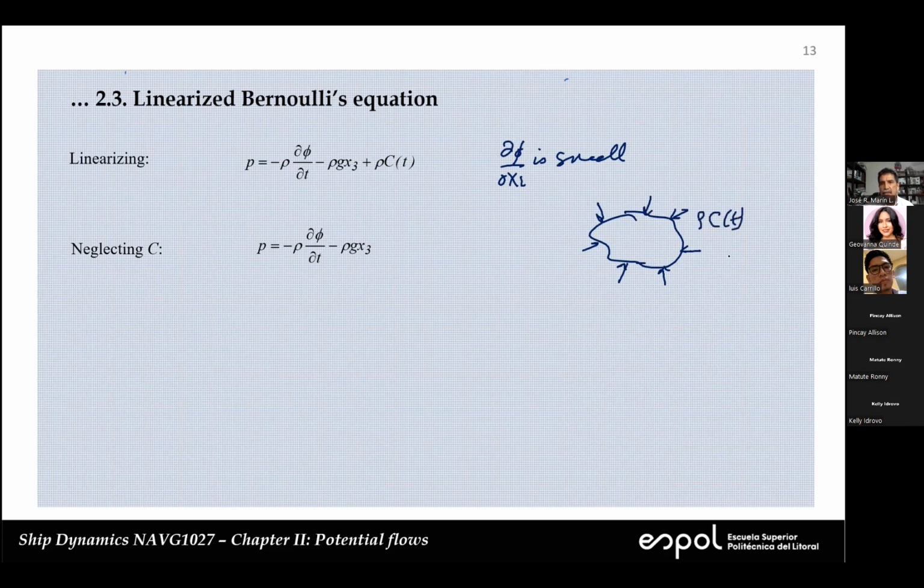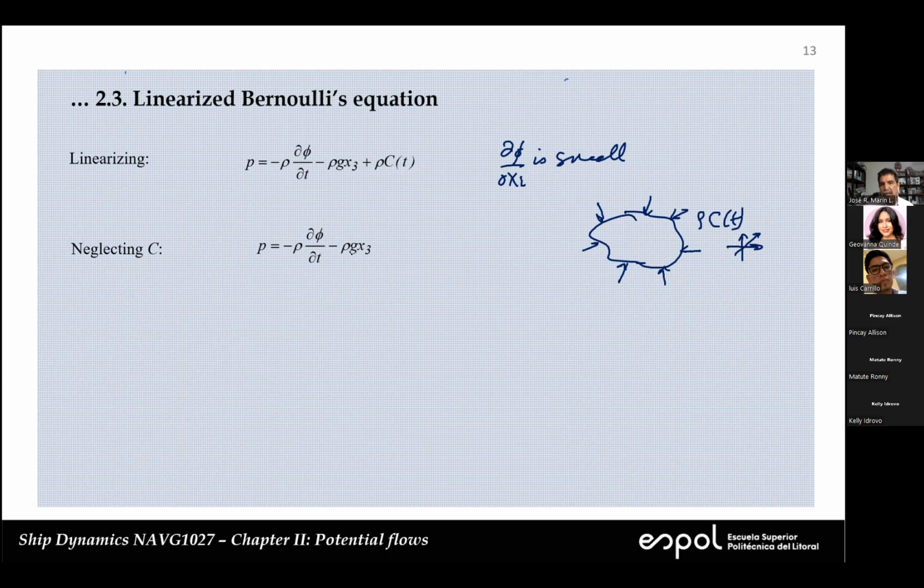What's going to be the total force in this direction? Okay, so the total force, if you integrate this, since this is a closed body, the total force is going to be 0. So you're not going to have any absolute term after you integrate this pressure term.